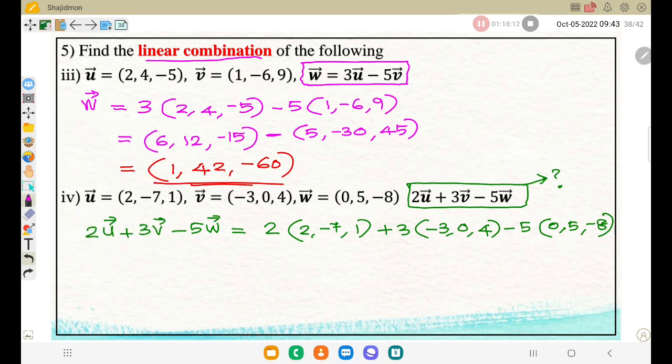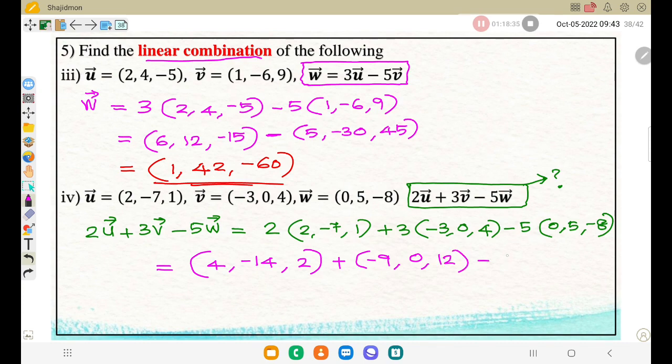So calculate that vector. First multiply 2 to the vector. So 2 multiply 2, 4. 2 multiply minus 7, minus 14. 2 multiply 1, 2. Plus 3 multiply minus 3, minus 9. 3 multiply 0, 0. 3 multiply 4, 12.